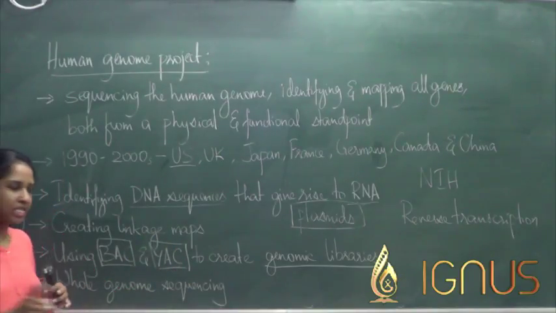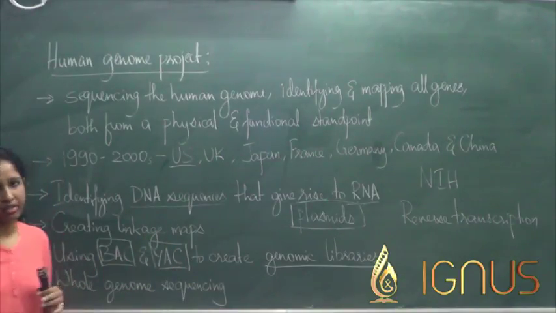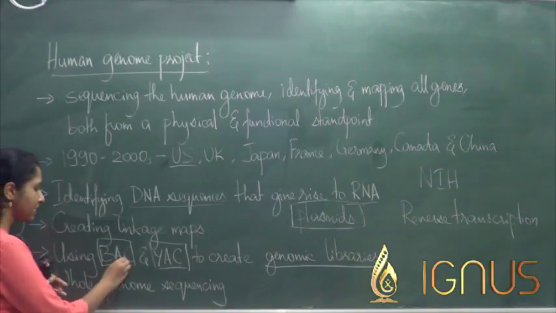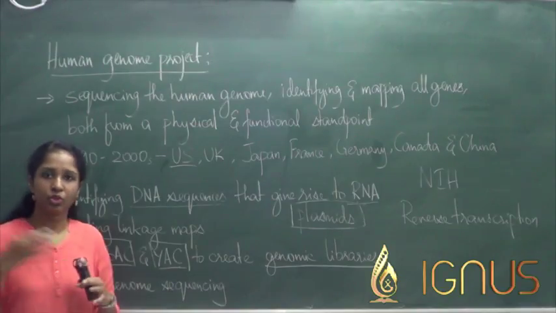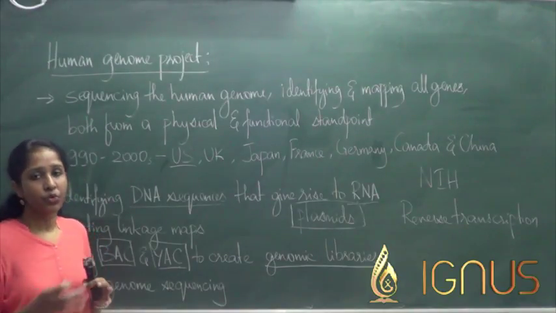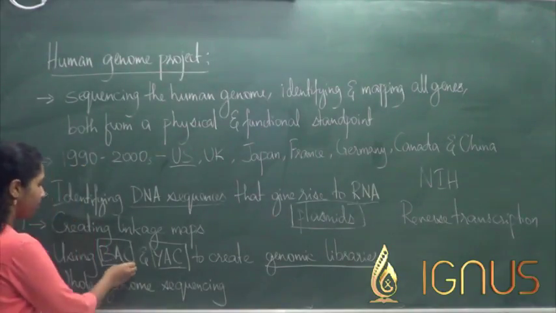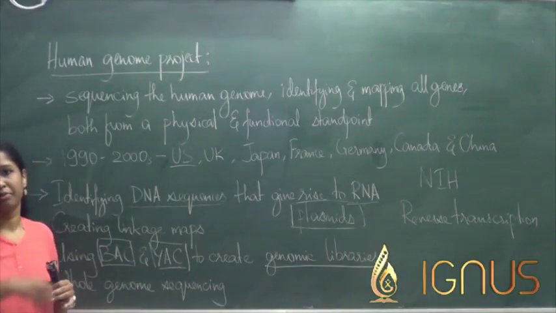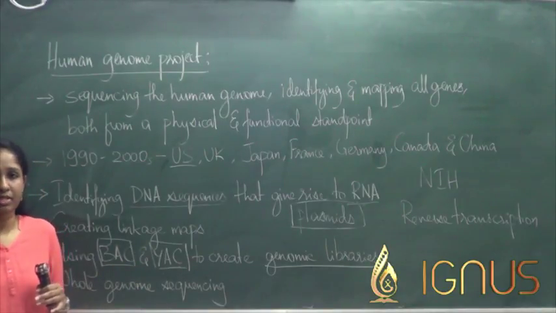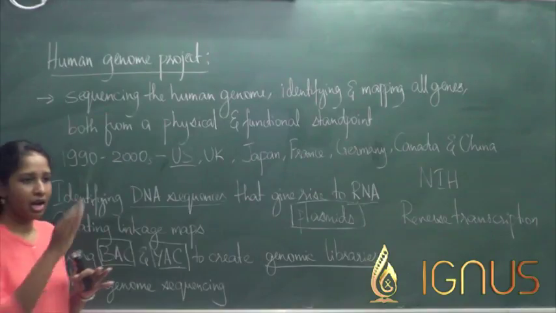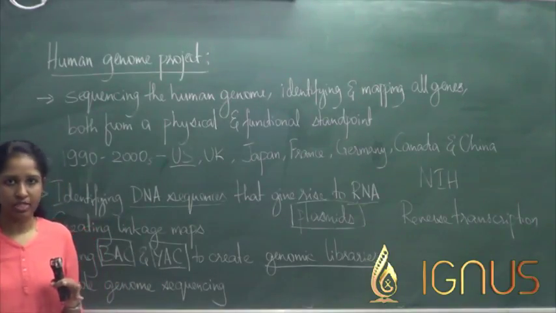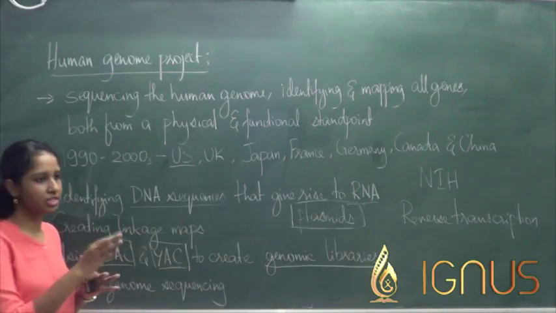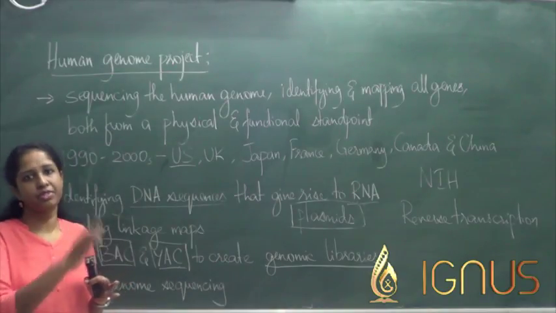Each piece goes into one bacterial artificial chromosome. This can be put into a bacteria, and then it's going to replicate itself. So you will have multiple copies of BACs, and these can be sequenced. Sequencing is when you figure out how the nucleotides are arranged one next to each other, what is present after the first nucleotide.